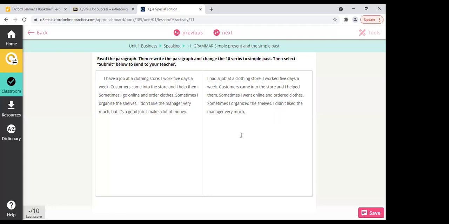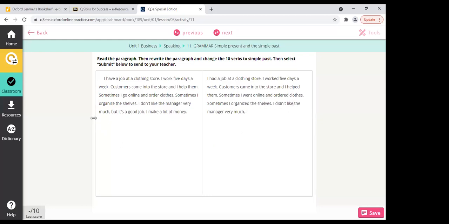So in the past, I liked. But with did, I did not like. The like we won't change because we have the did. Only one verb will be in the past. Is that clear? So I didn't like, not I didn't liked.